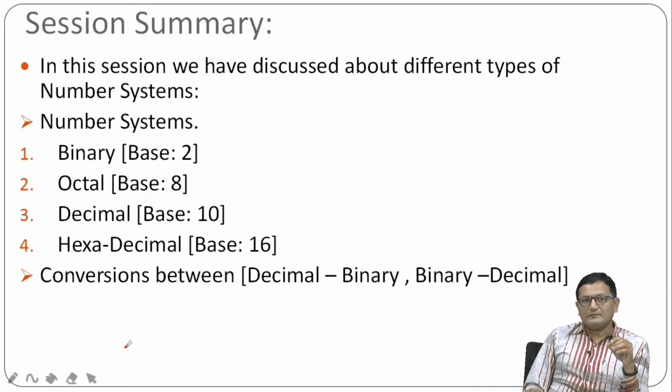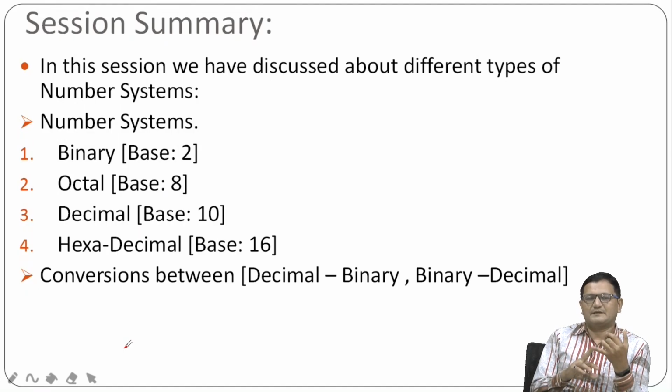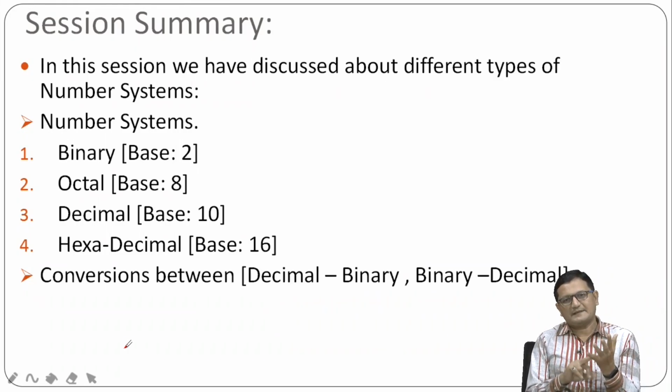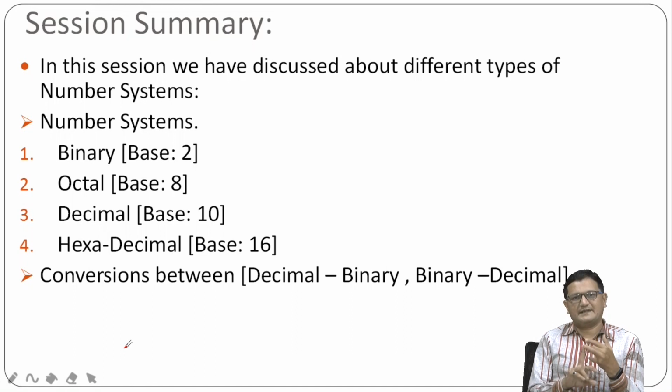So, in today's session, we have focused on the different types of numbering systems. Mainly 4 number systems are there: the binary number system, octal number system, decimal number system and hexadecimal number system.